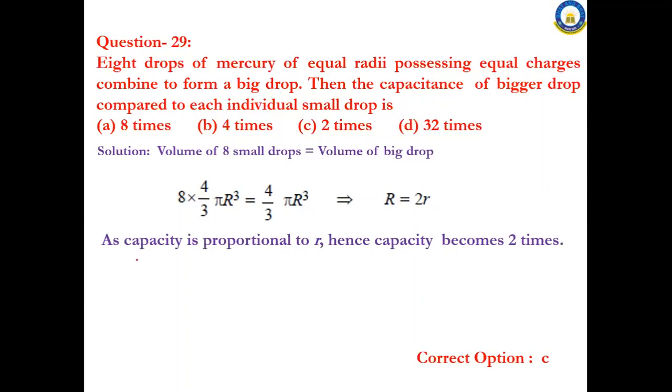Now the capacity is proportional to r. What is r here? That is the radius of the sphere, right? So the capacity is proportional to r. Hence the capacitance becomes how many times? 2 times.